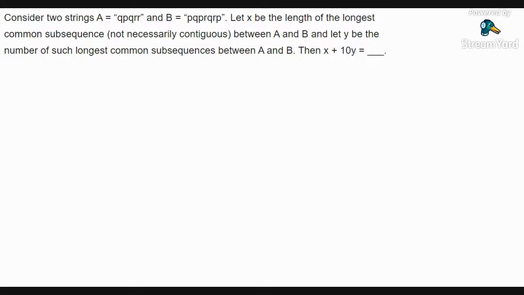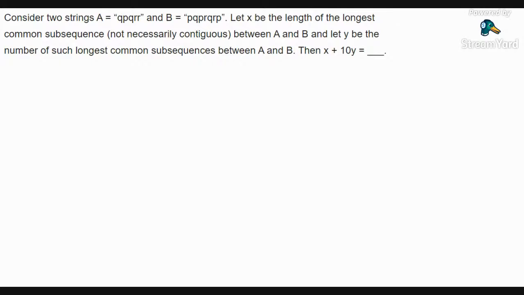Then another thing, just check PQRR. PQRR is present. Again, the length is 4. So we found the second sequence. First one was QPQR, second sequence PQRR.